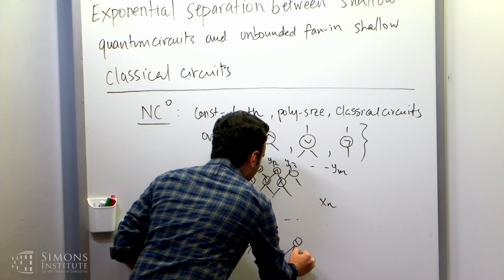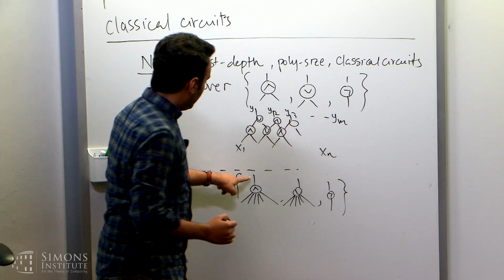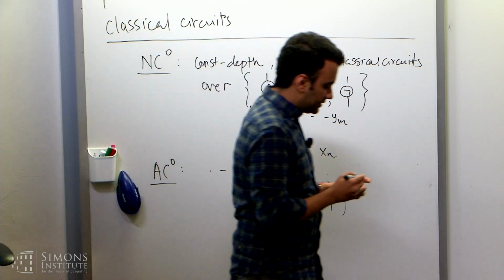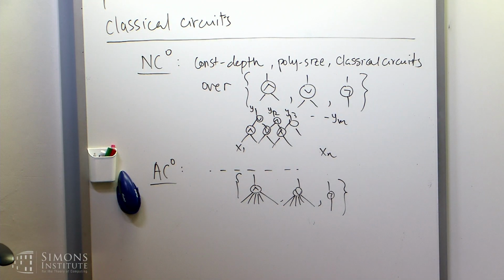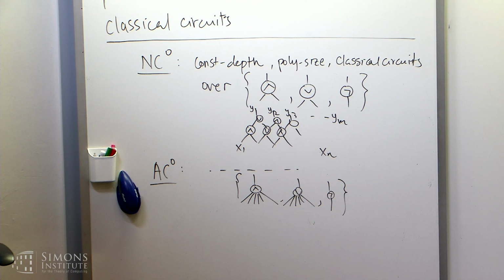If you don't know what these functions are, the AND function is where the output is 1 if and only if all of its input bits are 1. The OR function is 1 if and only if any of its input bits is 1. Right, so this is AC0: constant depth, polynomial size, classical circuits, where you have unbounded fan-in AND and OR gates. Everyone's on board so far?